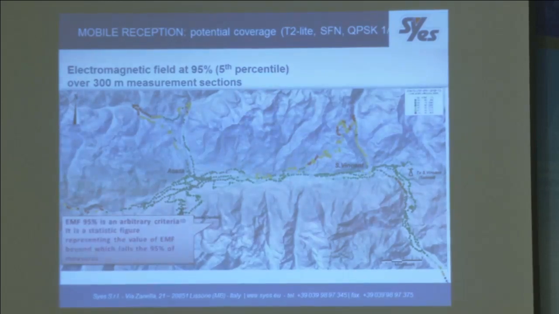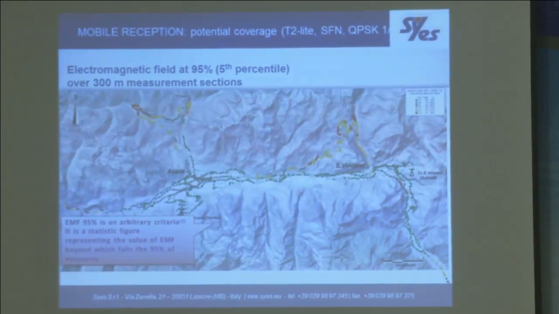The same thing we made for the T2 LITE. So we have in mind to cover this kind of region, for example. And with the T2 mobile, we want to transport 2.2 megabit because we transport news and a telefilm, and another service, and then we need 2.2 megabit.